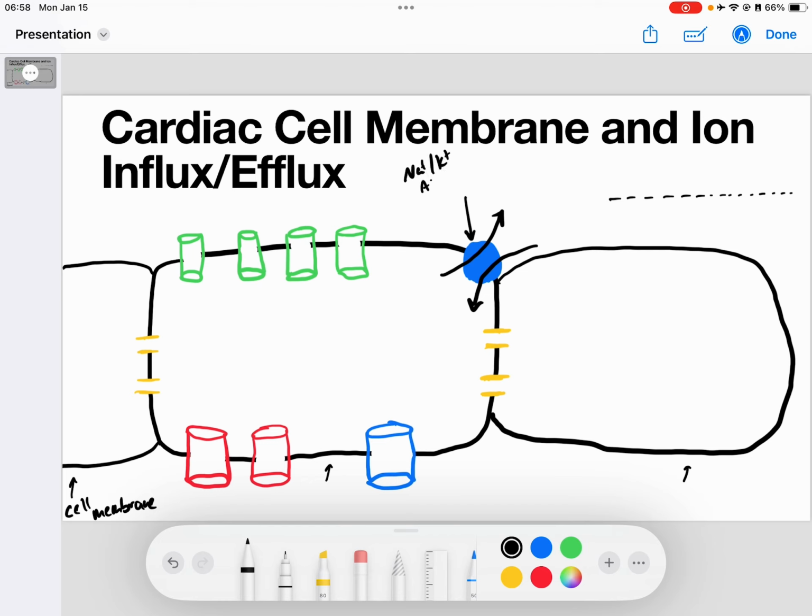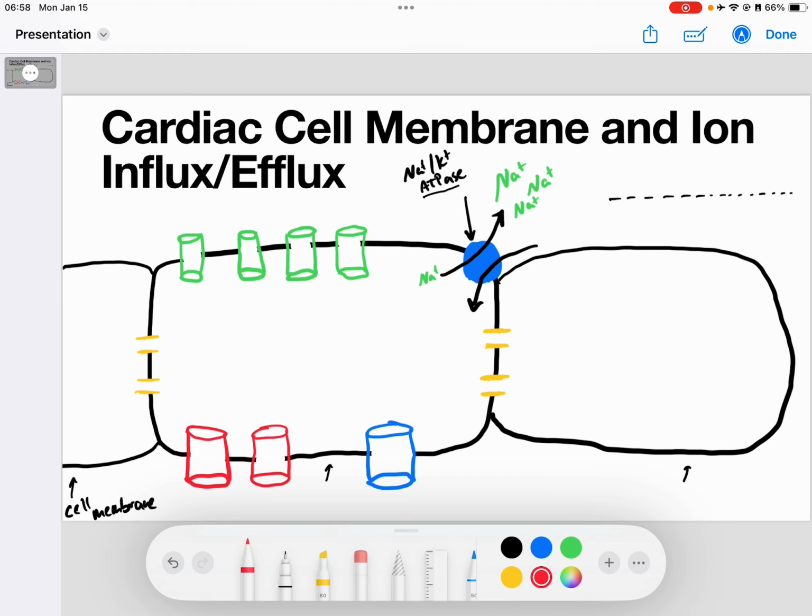This is the sodium potassium ATPase. As its name implies, it utilizes ATP, which is energy, and it pumps sodium from inside the cell to outside the cell. So we get a lot of sodium pumped out compared to what is in the cell.